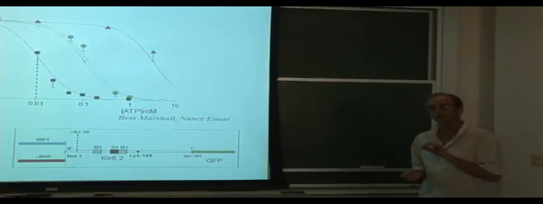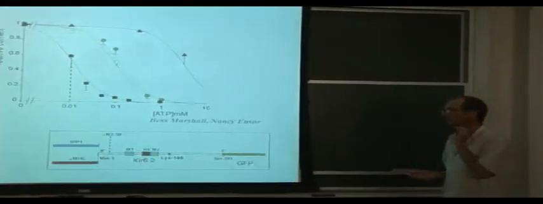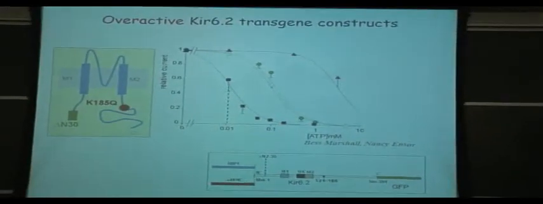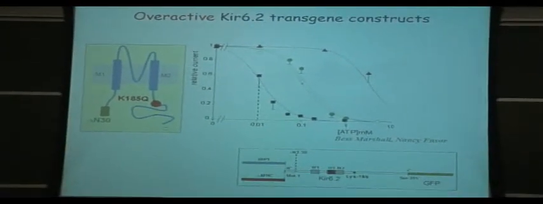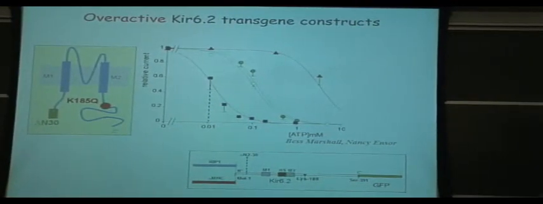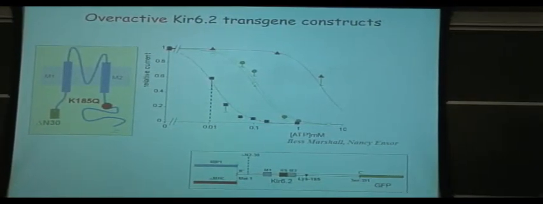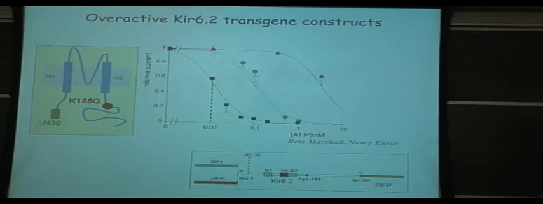The question we sought to address is what the role of these channels is in the physiology of tissues, and what happens if we alter the physiologic regulation of the channels.